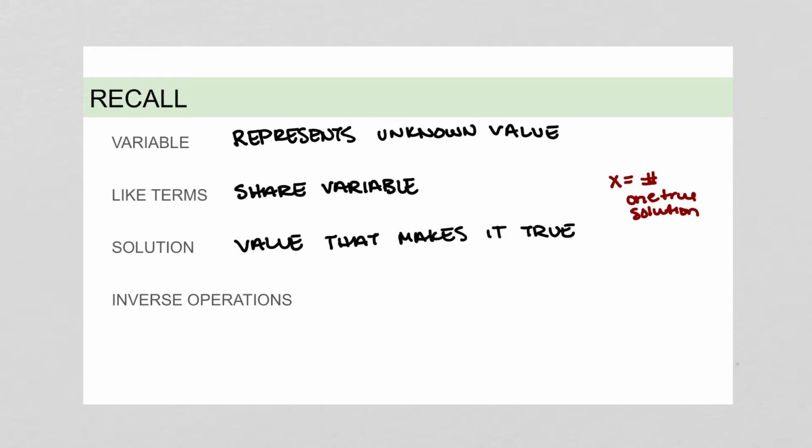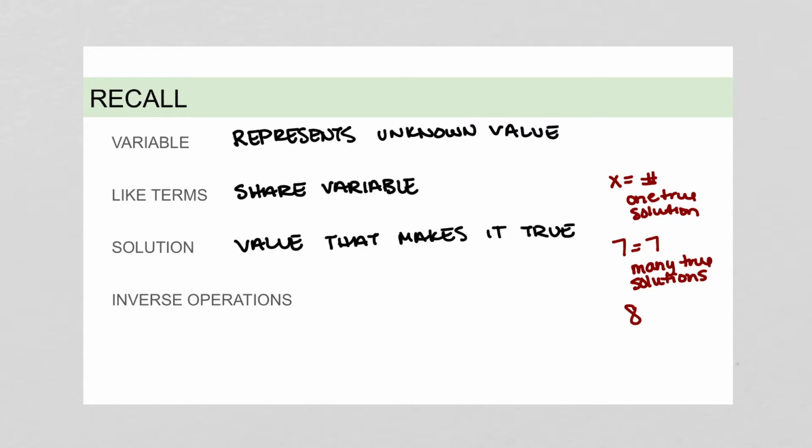But if we solve and find that the x's go away, like they've canceled out, so to speak, and we've got a true statement like 7 equals 7, then we know that there are many true solutions, because no matter what we put in for x, we're always going to end up with a true statement like 7 equals 7.